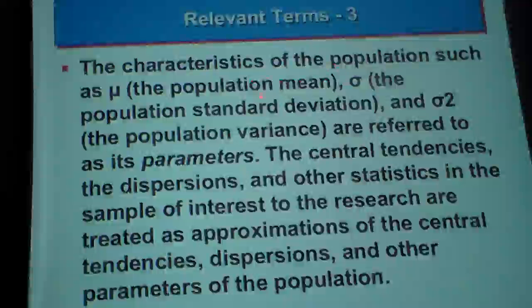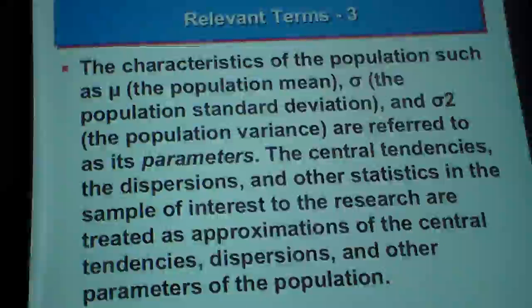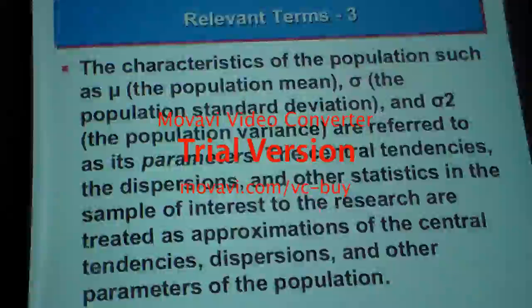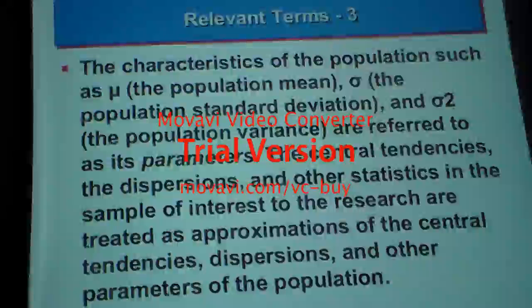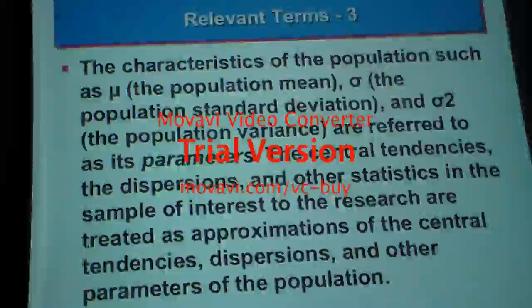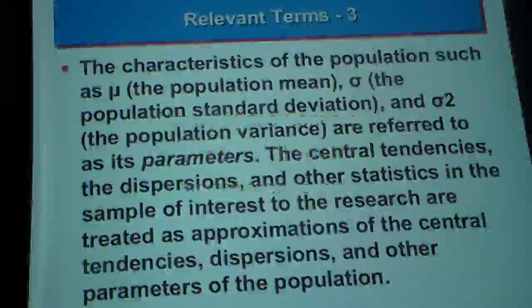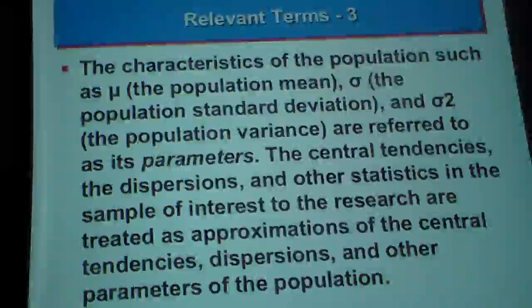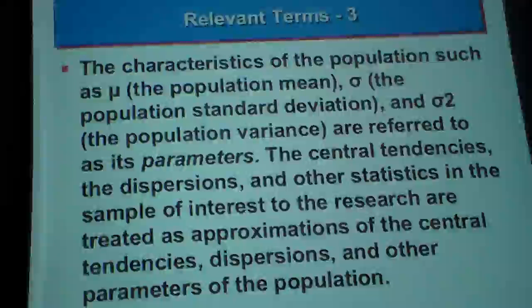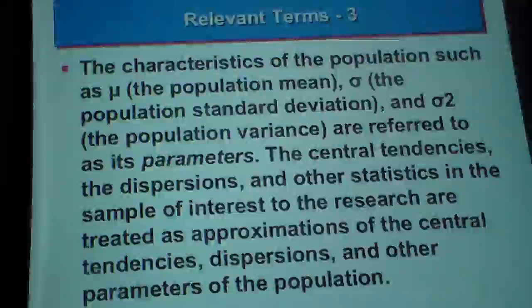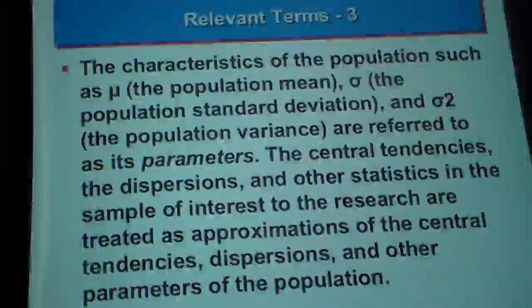These things like mean, standard deviation, variance, central tendencies, dispersions, all these statistical characteristics are very important to be understood and calculated from your data, because you will need them after that to approximate something else.